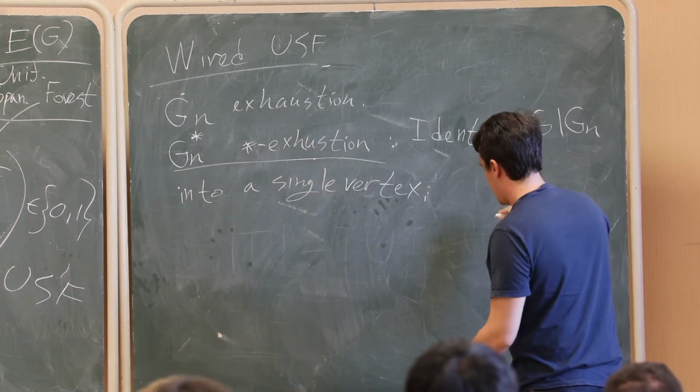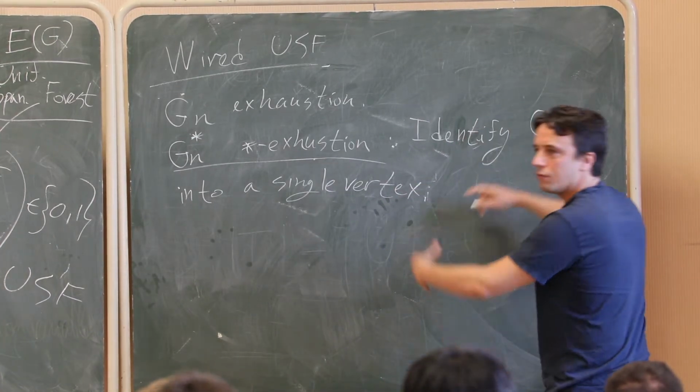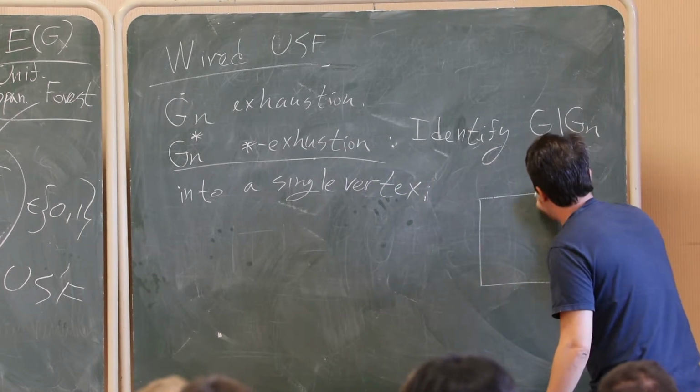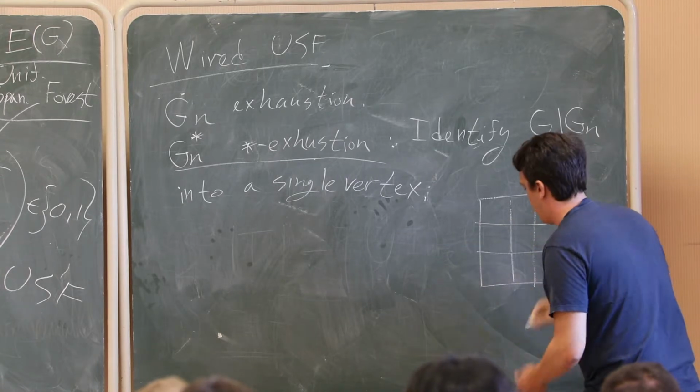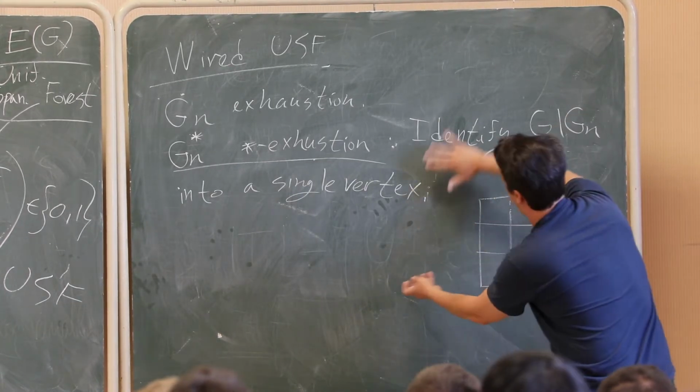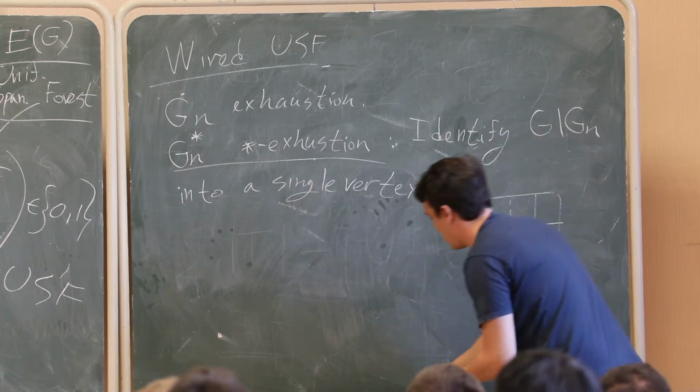If I have Z2 in the background, I imagine a picture of Z2, and this is Gn, a 3 by 3 star. Everything that was outside, I'm adding as a new vertex.